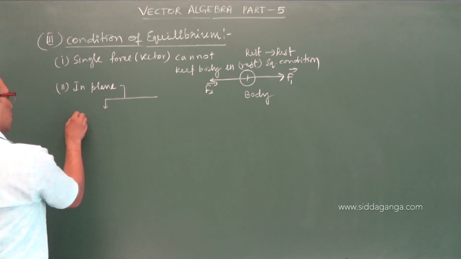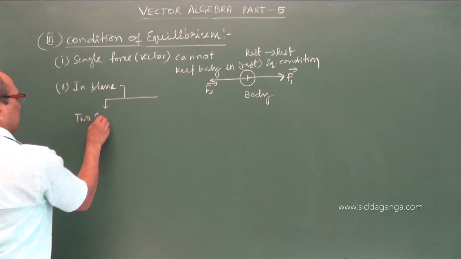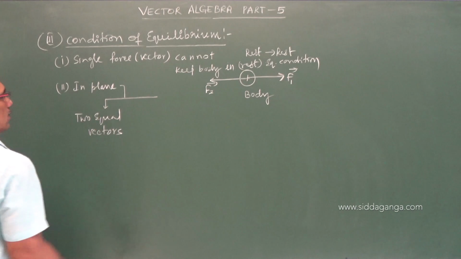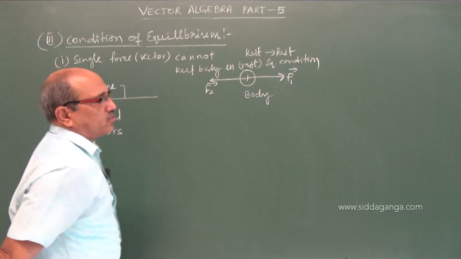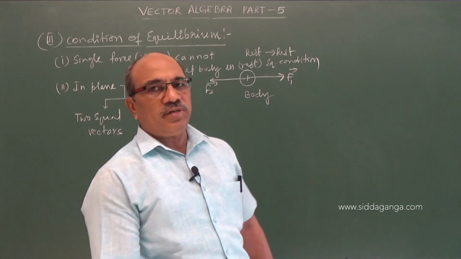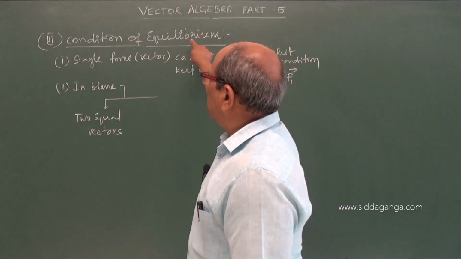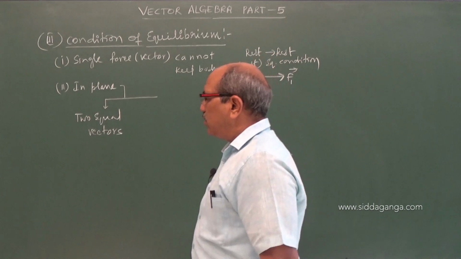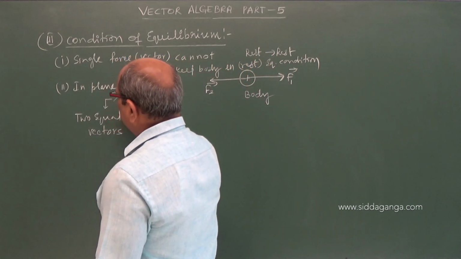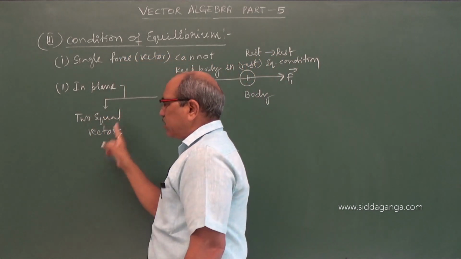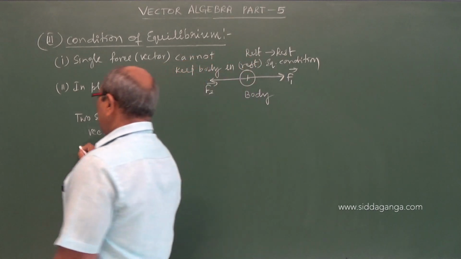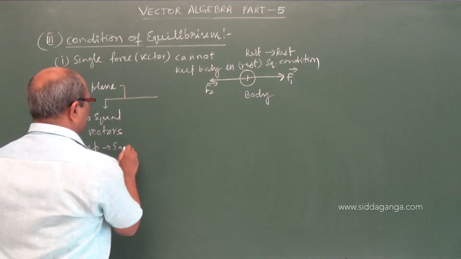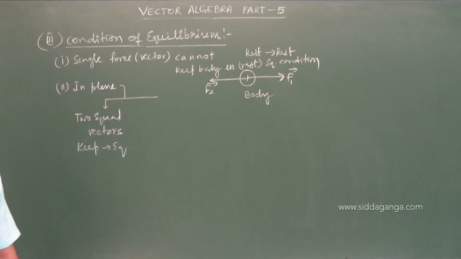Two equal vectors are enough to bring the body to rest and keep the body in equilibrium under the action of these vectors or forces. Minimum two are enough if those two are equal vectors. Two equal vectors can keep that body in equilibrium.